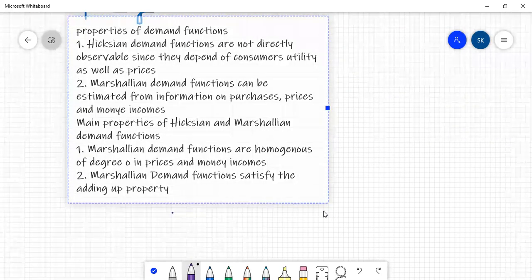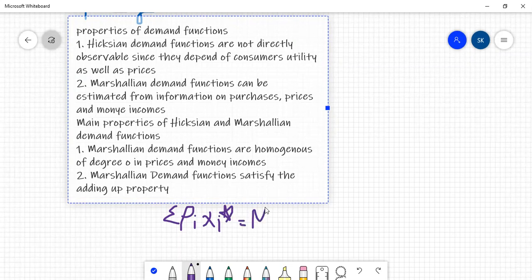Now let me write the adding up property: summation pi xi star is equal to m. This property is satisfied by the Marshallian demand function. The third property is that the Hicksian demand derivatives are symmetric.